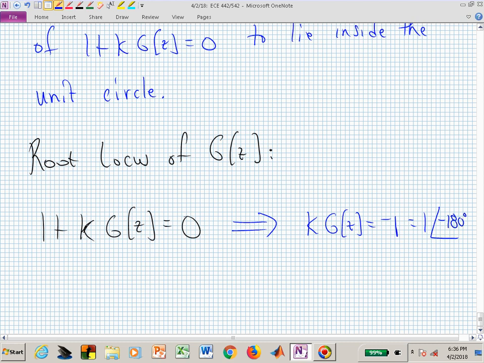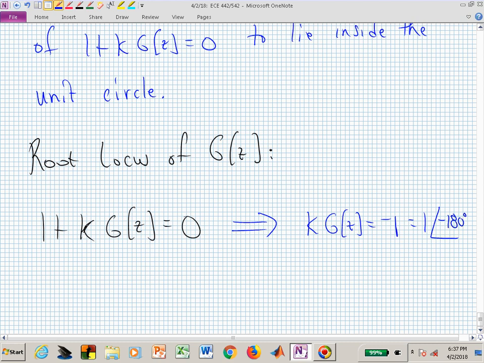We want to shade in red the values of z that satisfy this equation. We want to know what are the values of k such that kg of z has a magnitude of 1 and has an angle of minus 180. And that will then be all of the k's that satisfy this 1 plus kg of z equal to 0.